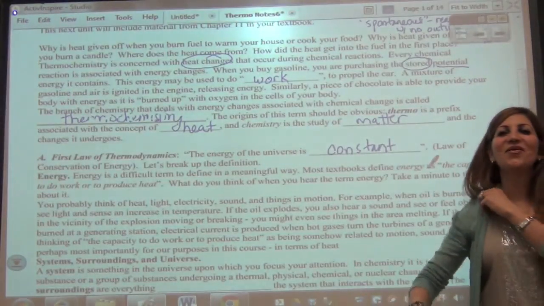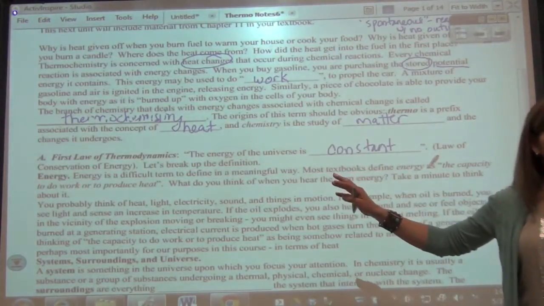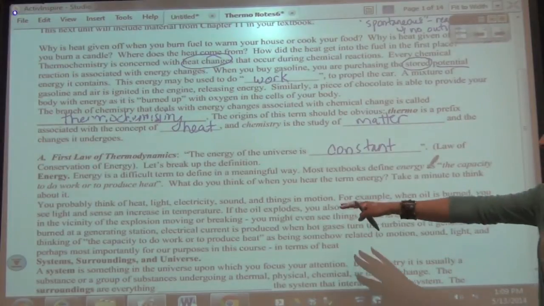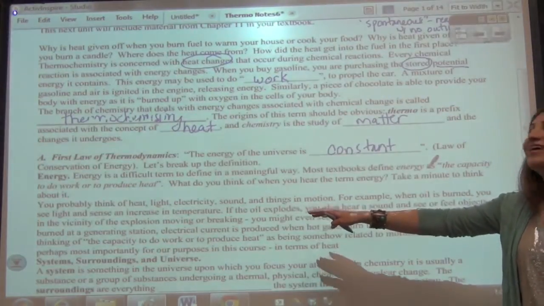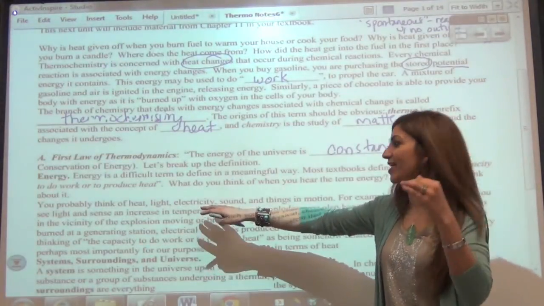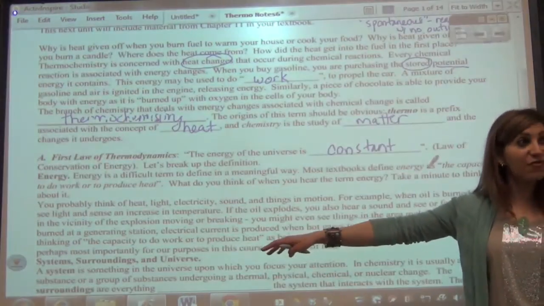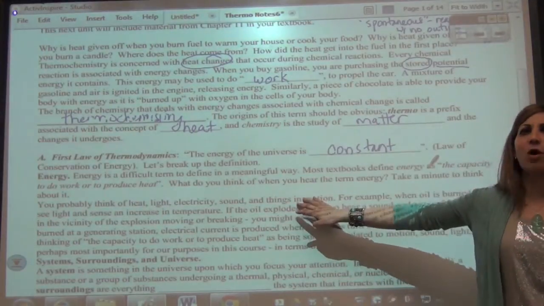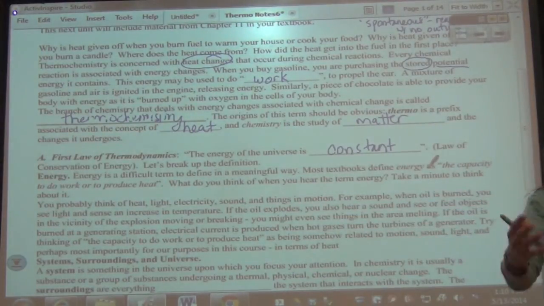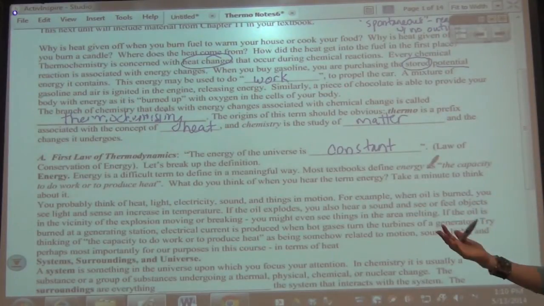Okay. All right. There could be a whole bunch of other pictures that come to your mind. You probably think of maybe heat, light, like when you were saying the sun. That could be something where you're thinking of the heat and the light. Electricity. Some of you may have thought of electricity and a light bulb. Sound. Things in motion, or lack of. So, for example, when oil is burned, you see light, and then you sense an increase in temperature.